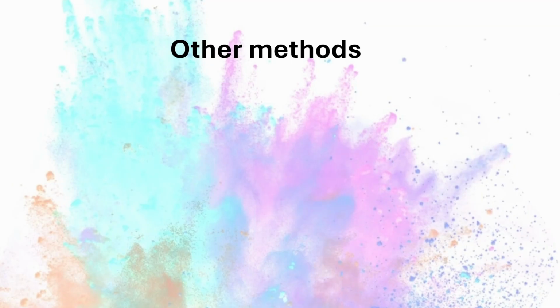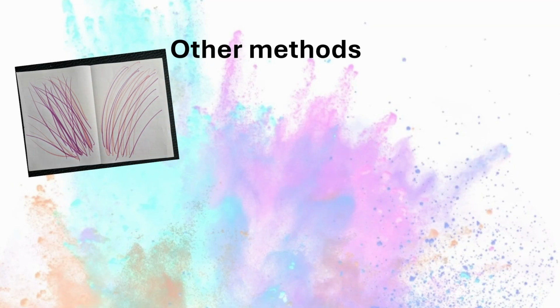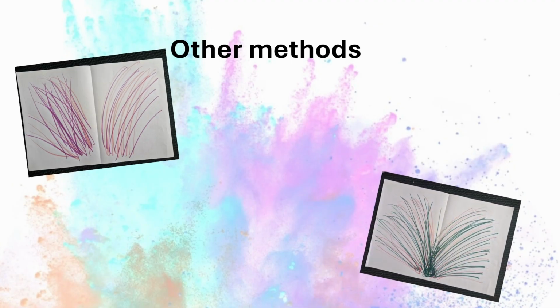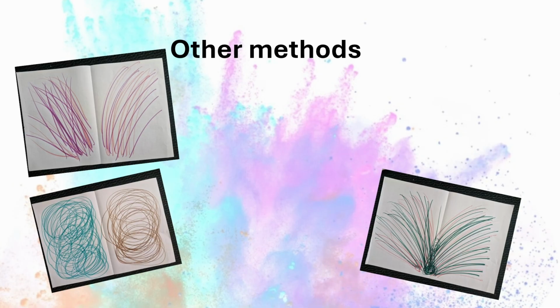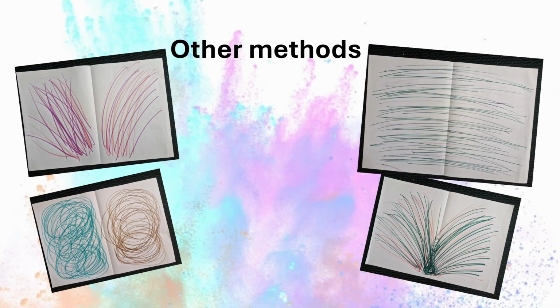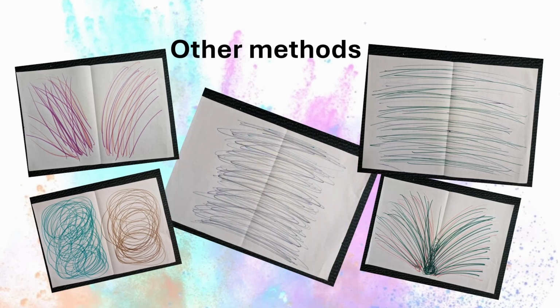You can also explore different mark making. For example, curved lines, lines that join at the bottom, circles on each side, lines across the center, and or swirls over the center line.